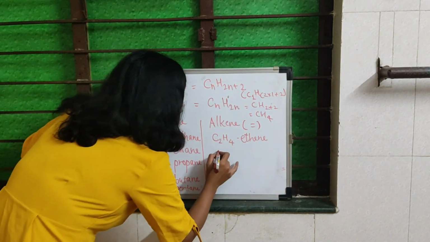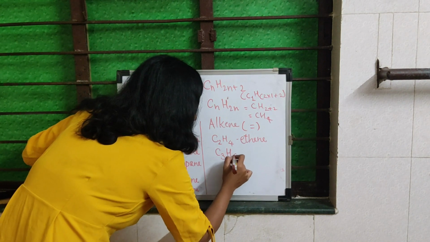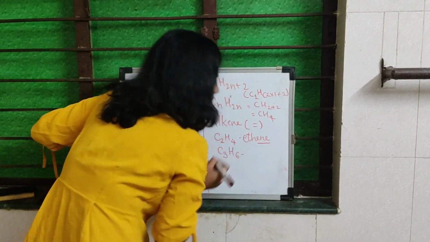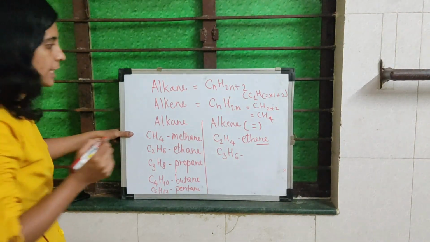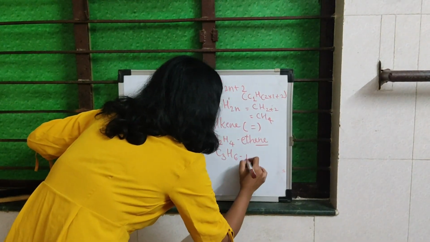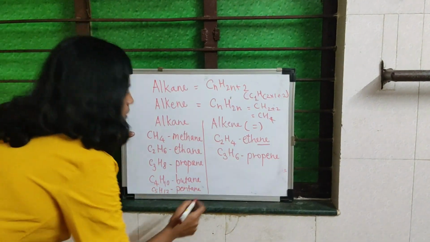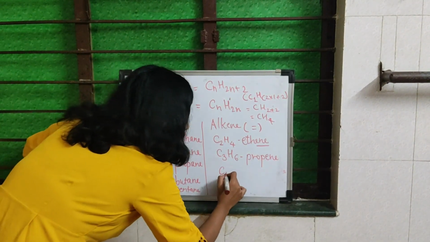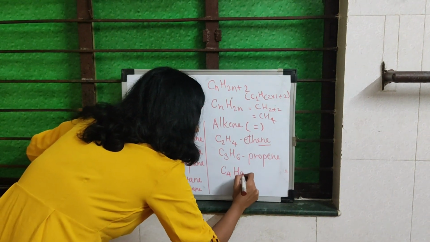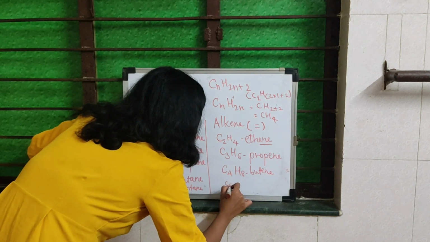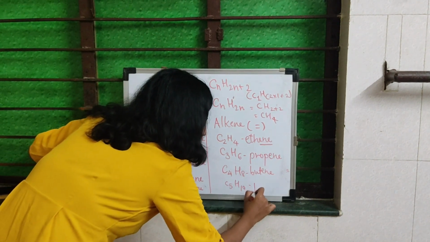Then C3H6 is propene. I told you the suffix for alkene is ene. So this will be propene. Now C4H8 will be butene, and C5H10 will be pentene.